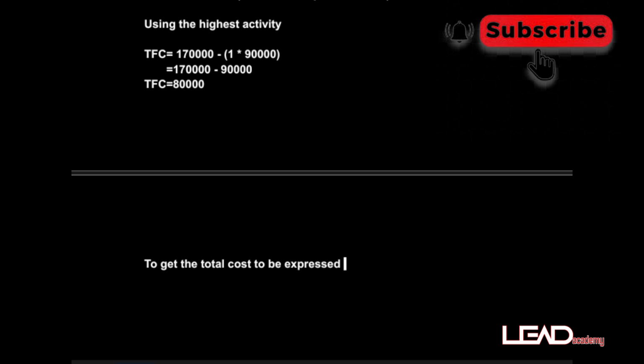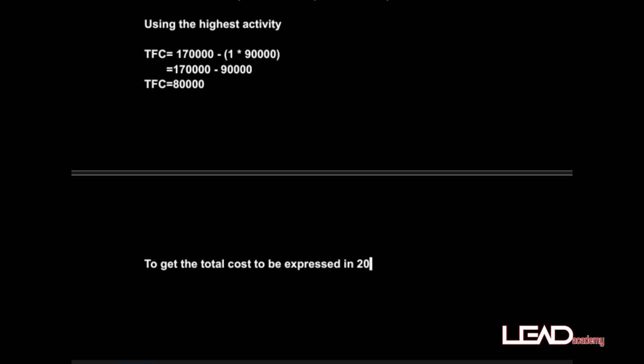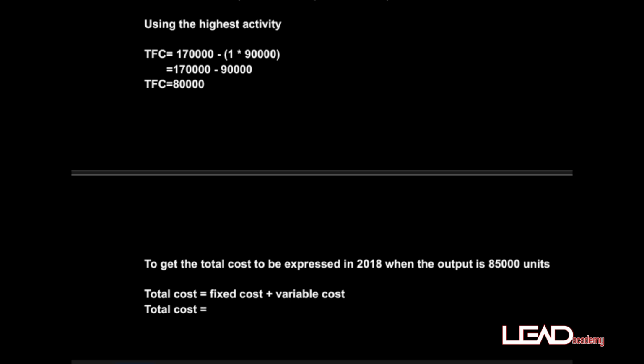Now the main question is to know the total cost incurred in 2018, which was not in our table, if 85,000 units were produced. How are you going to get the total cost for 2018? To get the total cost, you add the fixed cost to the variable cost. The $80,000 we got is our total fixed cost.